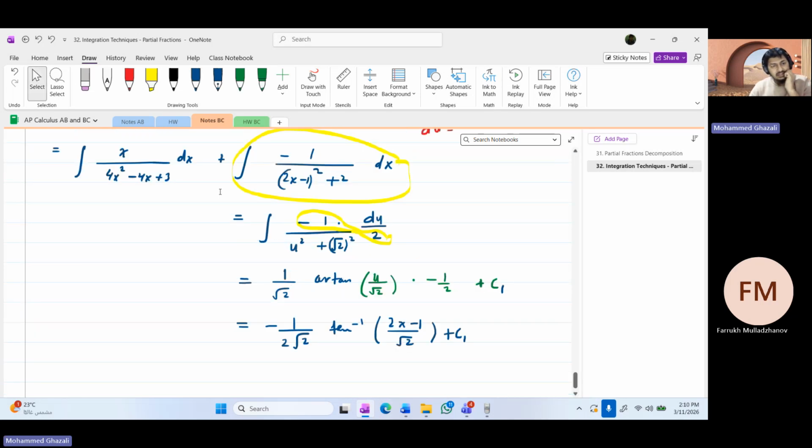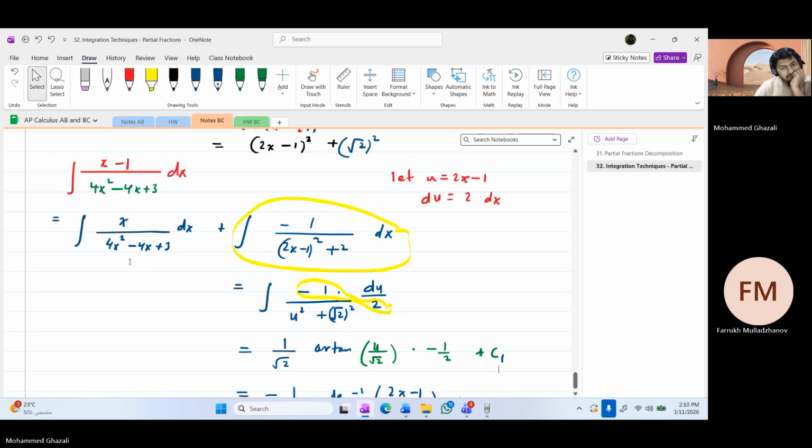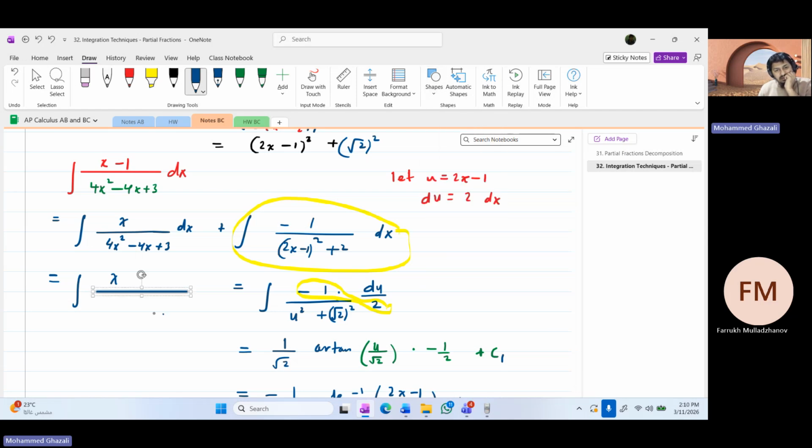Now, what about solving this part of the integral? I'm having a problem with solving this part of the integral, x over (2x minus 1) whole squared plus 2. Aren't we supposed to be using a u substitution here? Let's try u substitution here, okay?